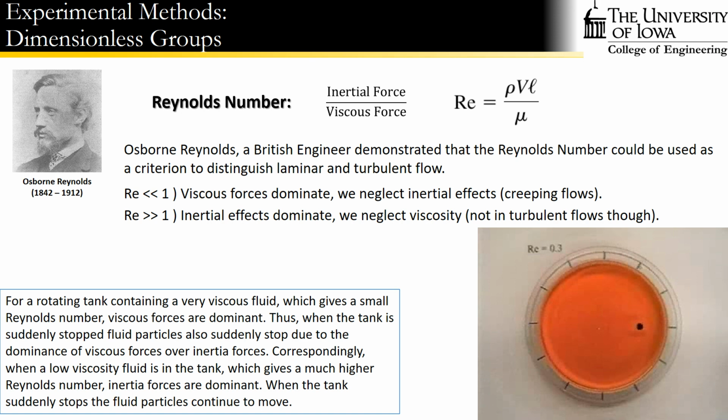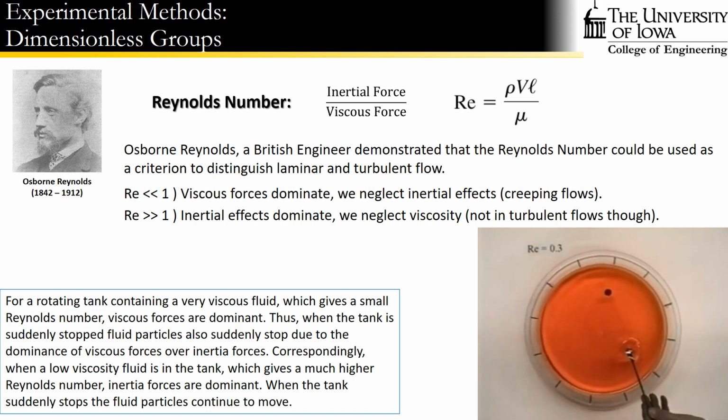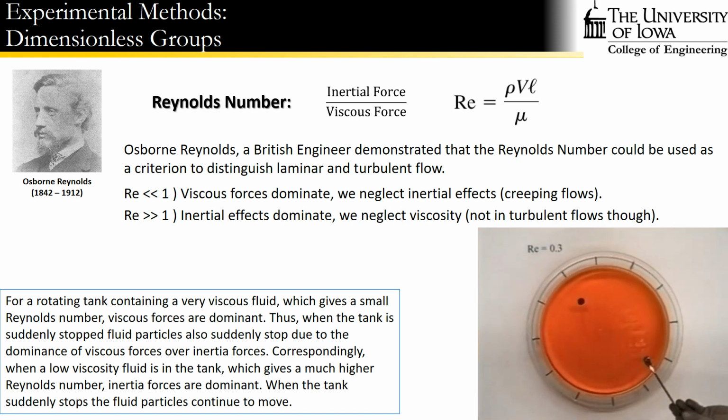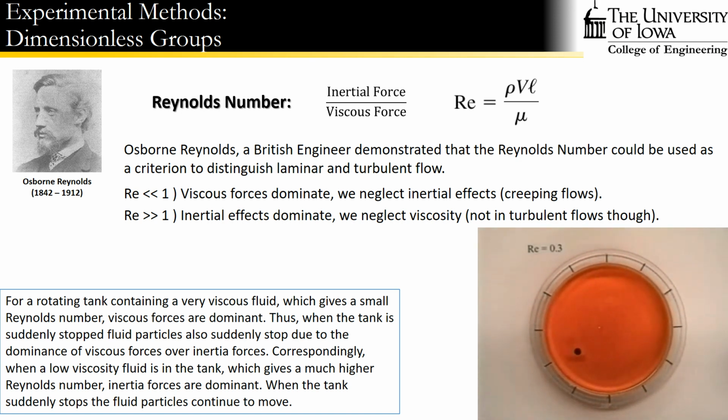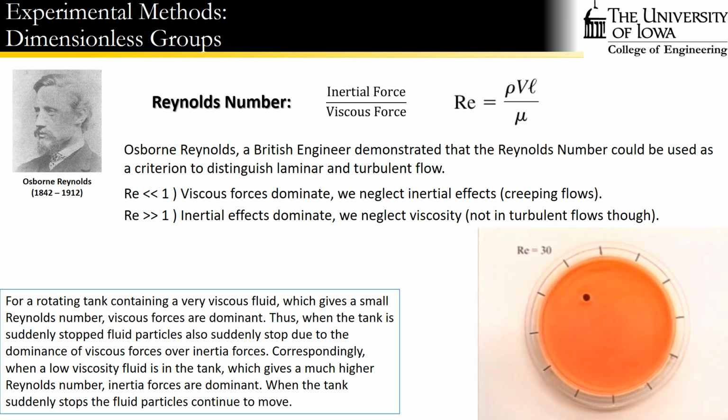Because it's inertial over viscous force, at really low Reynolds numbers, viscous forces dominate. This is common in things like creeping flows, or flows where motion dies out very quickly, like stirring paint, etc. At higher Reynolds numbers, inertia tends to become important.